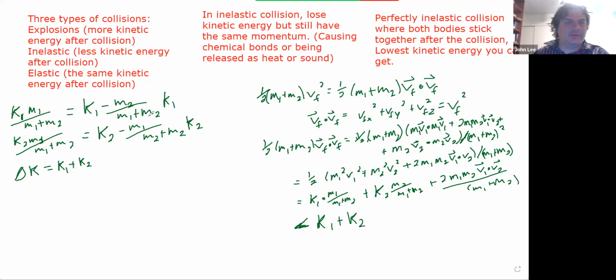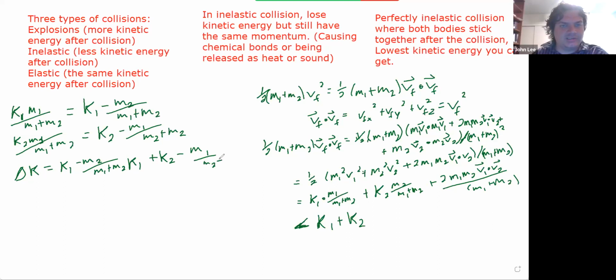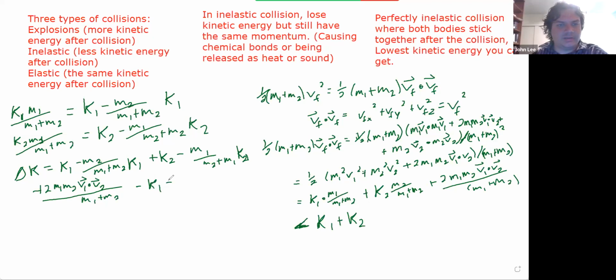M1, M2 times M1 over plus M2 times K2 minus, or it's going to be K1 minus M2 over M1 plus M2 K1 plus K2 minus M1 over M2 plus M1 K2 is equal to minus plus 2 M1 M2 V1 dot V2 over M1 plus M2 minus K1 minus K2.